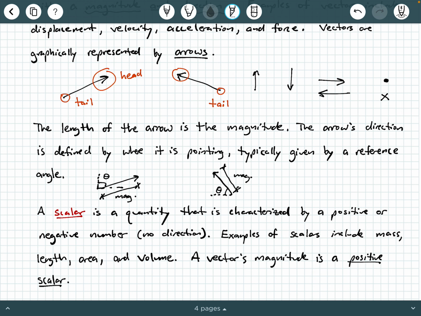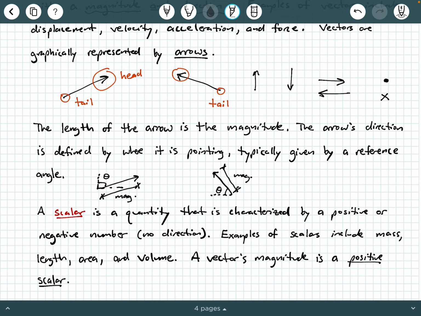If we think of a vector like displacement, displacement has units of length. So you might be thinking, wait a second, I thought scalar was a length. Well, length by itself is a scalar, yes. Length would be units of like inches, feet, miles, meters, etc.